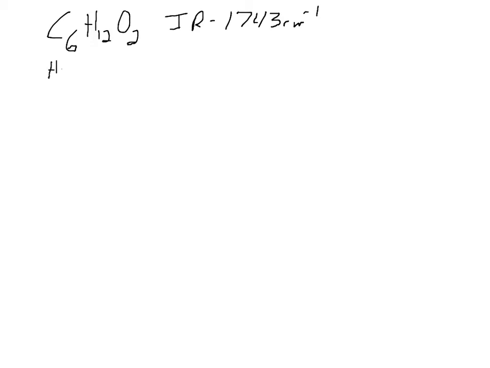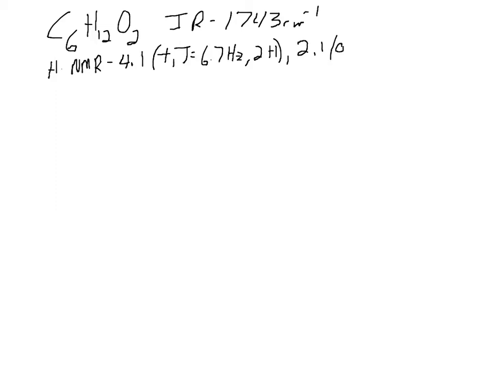For HNMR, it's saying there's a peak at 4.1. That is a triplet with a coupling constant equal to 6.7, and it's worth 2 hydrogens. There's another peak at 2.1.